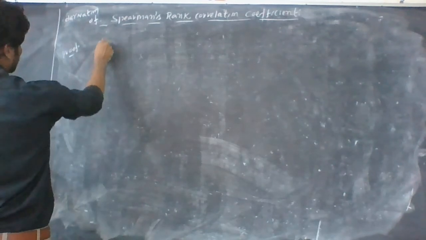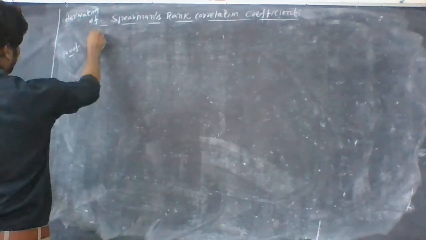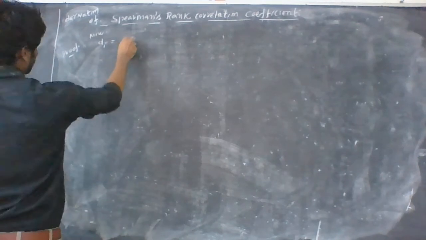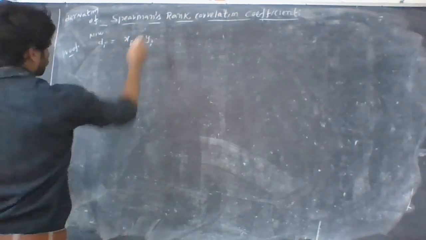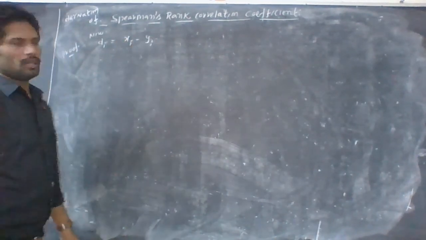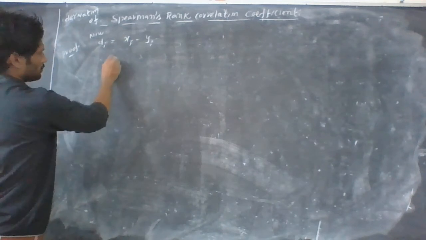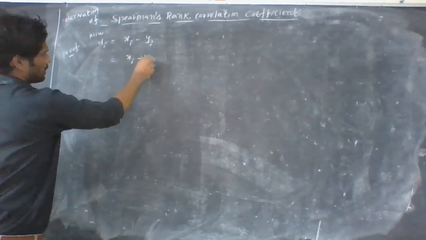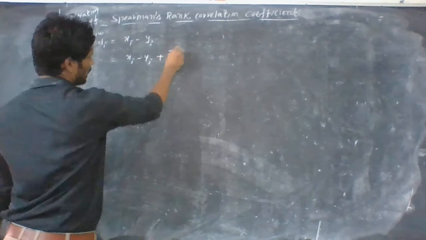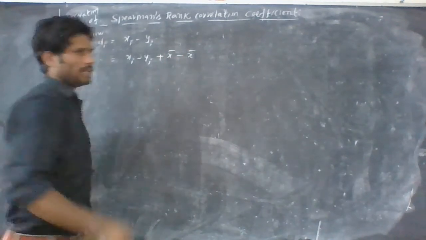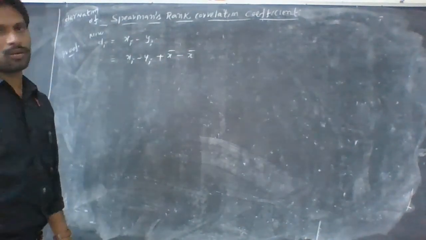Next we consider the deviation part. Now we consider deviation, that means xi minus yi. Now xi minus yi, adding x bar and subtracting x bar, no change.